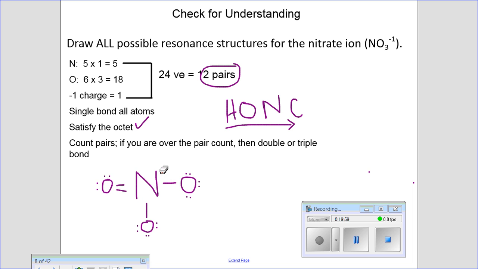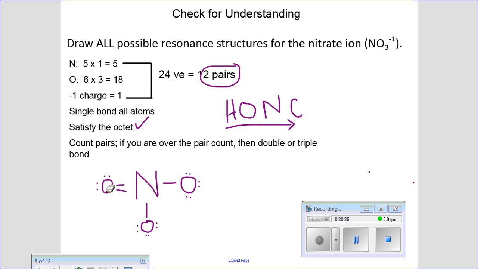So then now let me count. So around nitrogen I have 2, 4, 6, 8 electrons. It's fine. The oxygen over here has 2, 4, 6, 8. Good. 2, 4, 6, 8. Good. 2, 4, 6, 8.